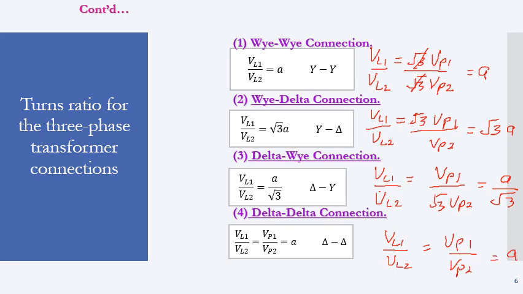So here we can see that for YY connection and for delta-delta connection, the ratio is the same, a. But for Y-delta and delta-Y, it is a bit different because we have root 3 a and a divided by root 3.